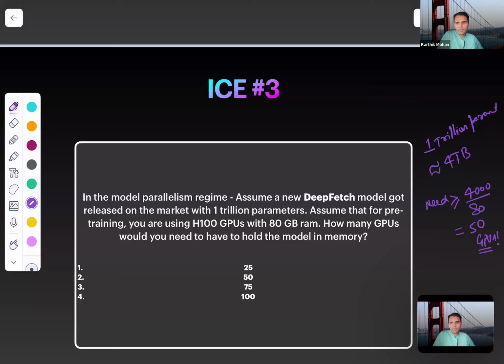That's why the GPU itself matters, because you need to know the RAM of that GPU. NVIDIA is releasing new GPUs, let's say next year, and again you look at the RAM, and that tells you the minimum requirement that you need for training, and similarly for inferencing as well.